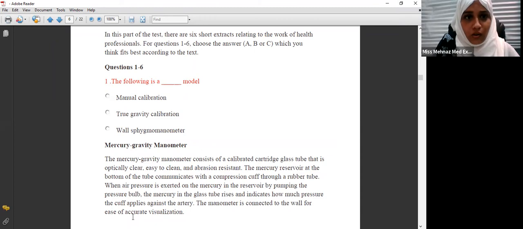Okay, good. So these are the options. The first one is manual calibration, the second one is true gravity calibration, and the last one is wall spig manometer. Which one do you think might be the right fit here? I'll tell you why it's a right fit and where I got it from, but just to make the session interactive, which one might be the answer?